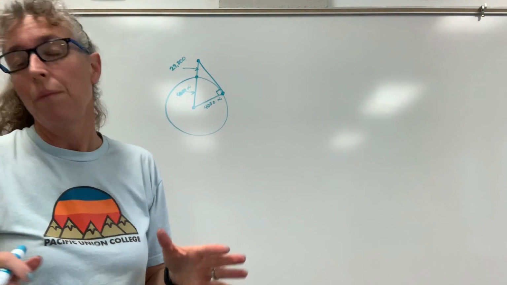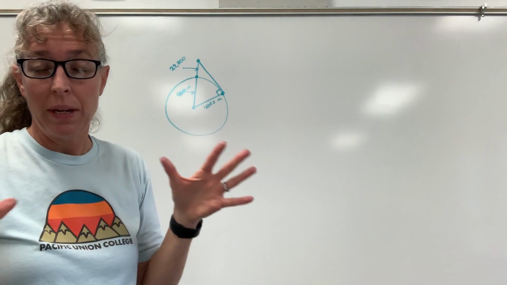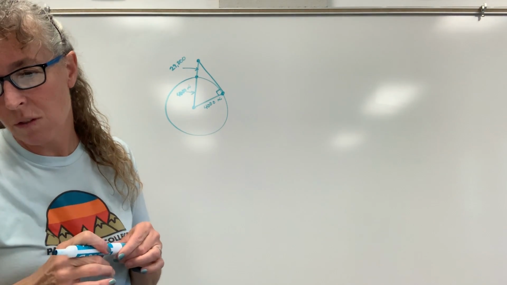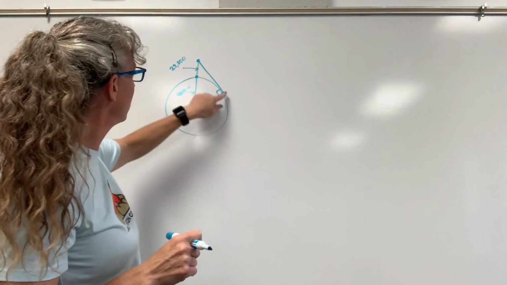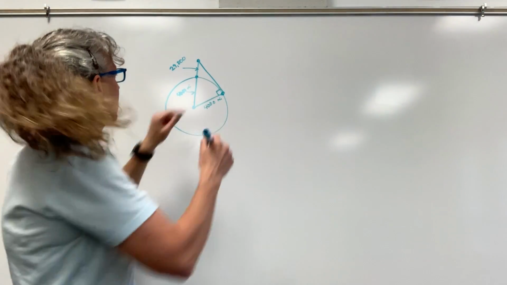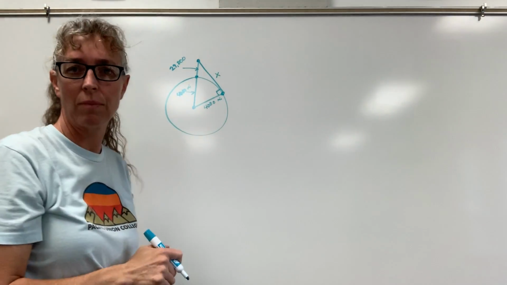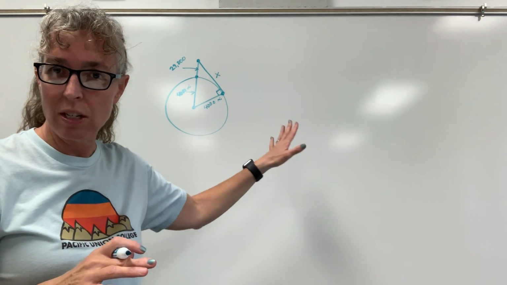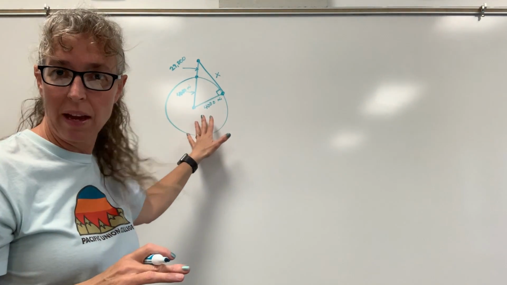Okay, so we now have a triangle where we know the parts, and the thing they want to know is what is the distance from the summit to the horizon? This distance right here. Hopefully that helps you set up the problem. Now we just have a right triangle and we can just do the Pythagorean theorem.